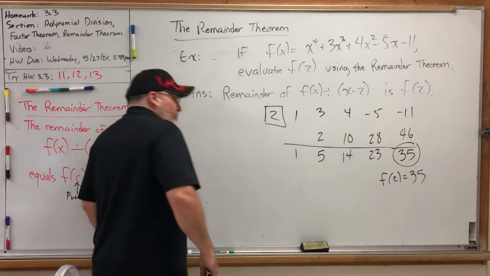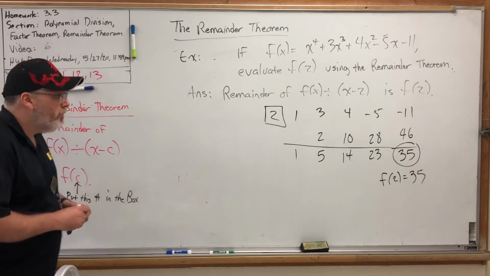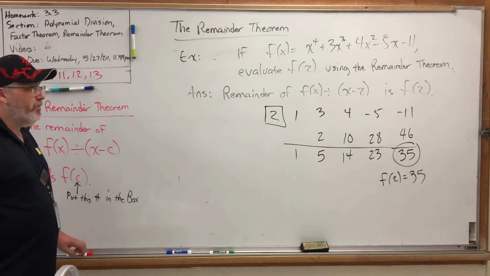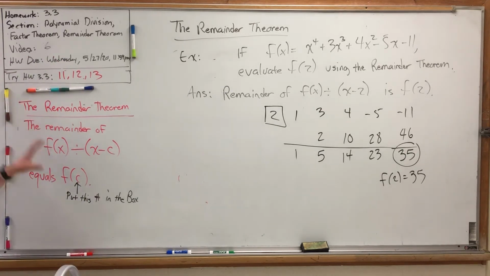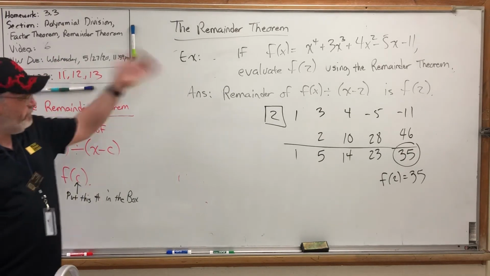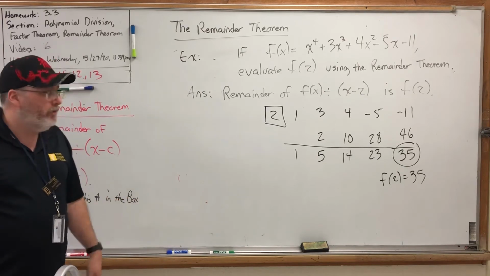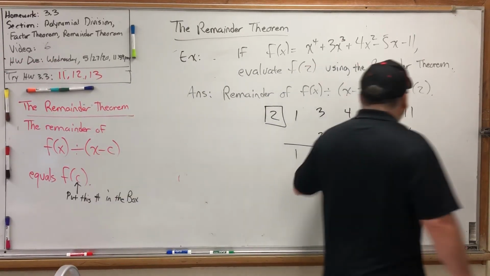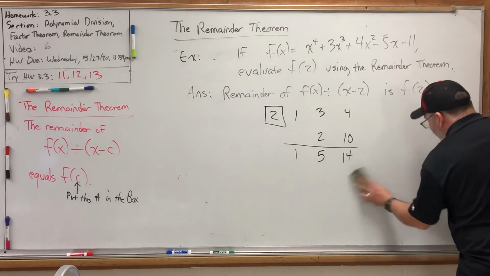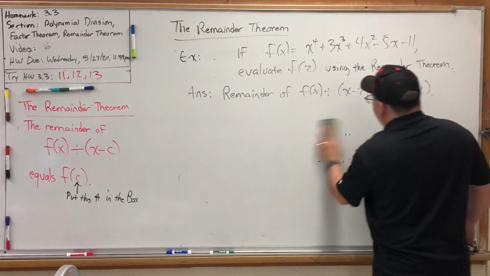I want to do one more example of using the remainder theorem because this one was cluttered with building the remainder theorem. We actually not only wrote it, we kind of proved it when I said let x equal c. But in terms of executing the remainder theorem, it is so easy it's not even funny once you understand how to set it up.